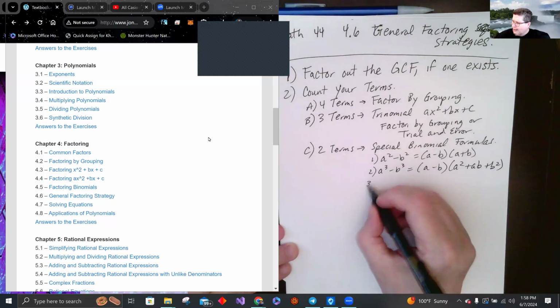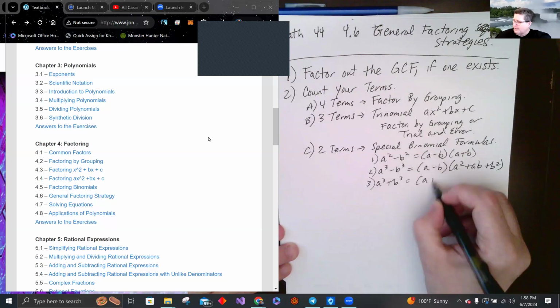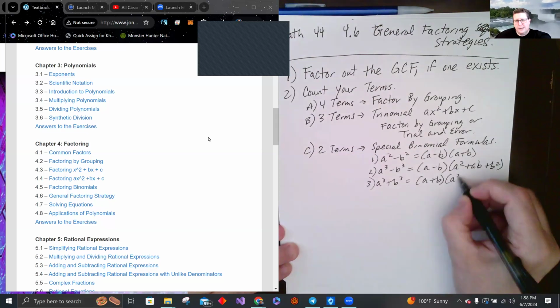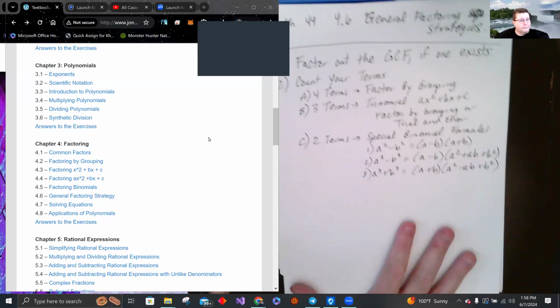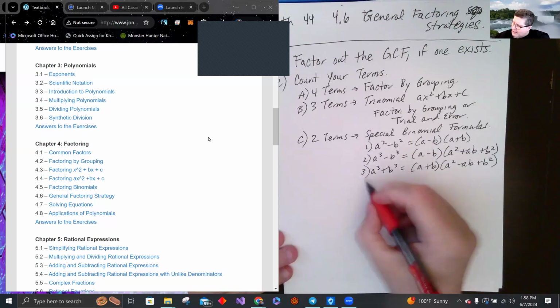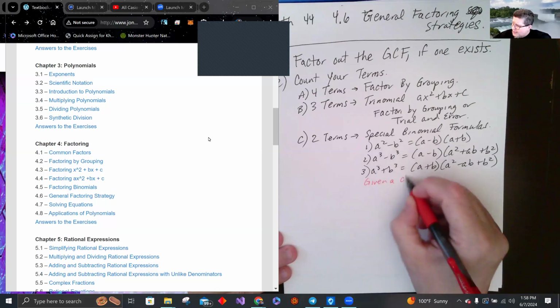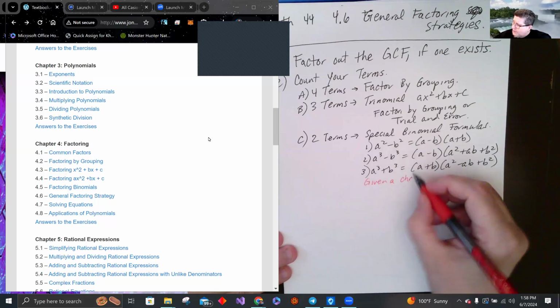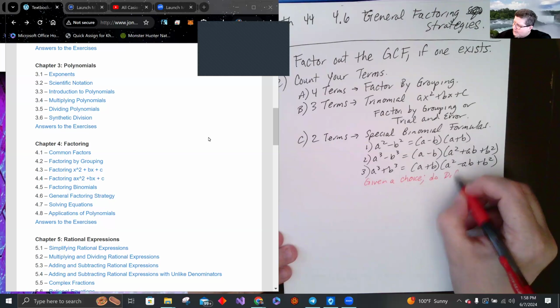Or you're looking for a cubed plus b cubed, which is a plus b, a squared minus ab plus b squared. All right. In this category, if you have a choice between squares or cubes, do difference of squares first.